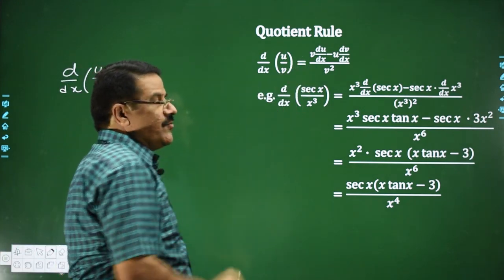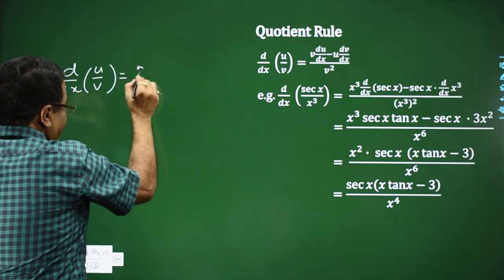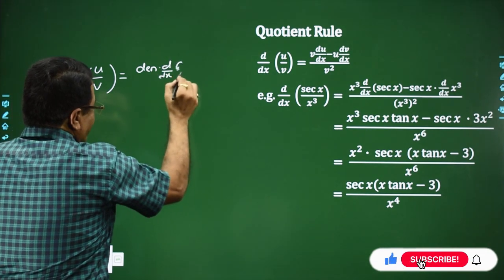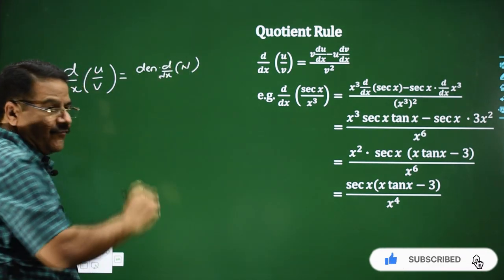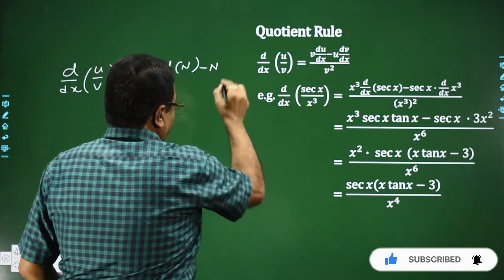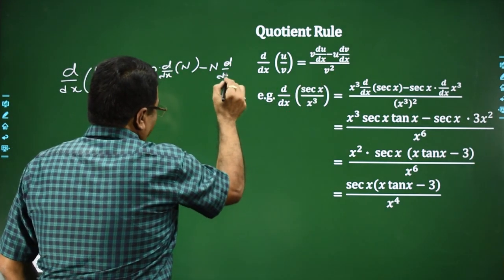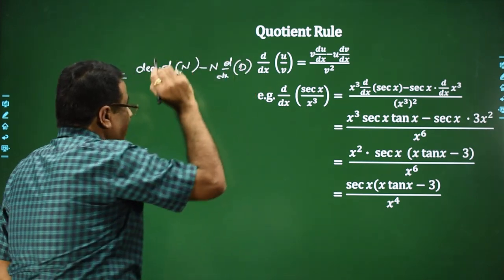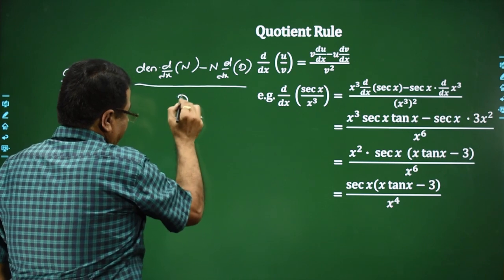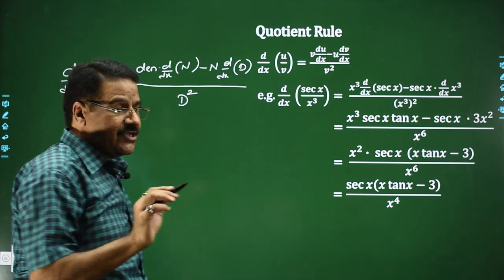So, v into du by dx, that is denominator multiplied by derivative of numerator, I am calling it n for numerator, then minus numerator as it is, that is u, multiplied by derivative of denominator, I am calling it capital D for denominator, and then denominator square, that is v square in short.